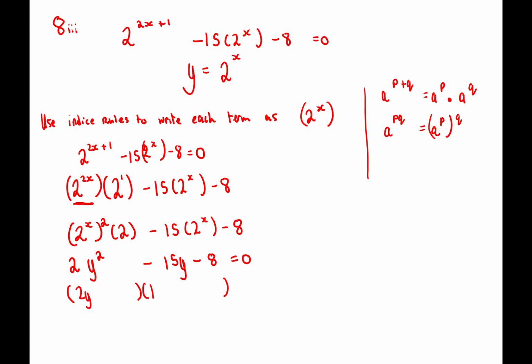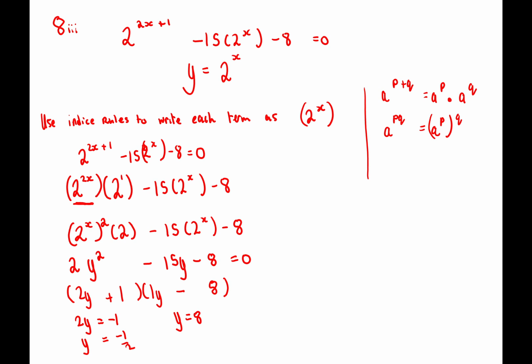What are the factors of your n values that add to make your middle value? Okay, so you find your factors, and now solve for y. So we have 2y equals minus 1, so y is equal to minus 1 over 2. And y is equal to 8.